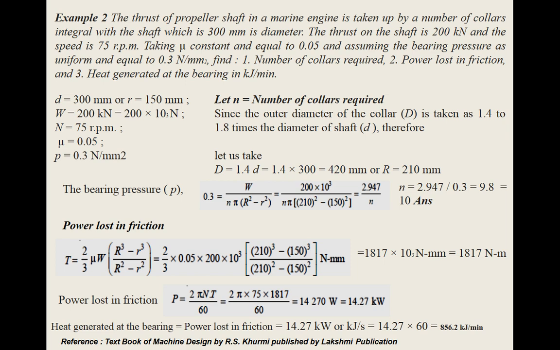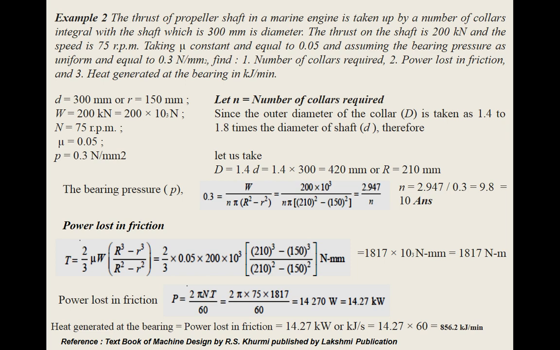In the theory section, in the previous PPT, I showed you that the outer diameter of the collar may be taken as 1.4 to 1.8 times the diameter of the shaft. So here we assume the outer diameter capital D is equal to 1.4 times small d, which is 300. So 420 mm is the outer diameter and the radius is 210 mm.